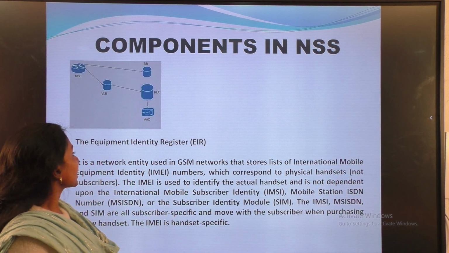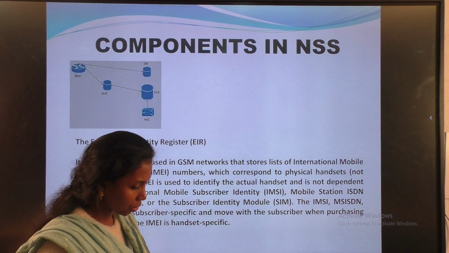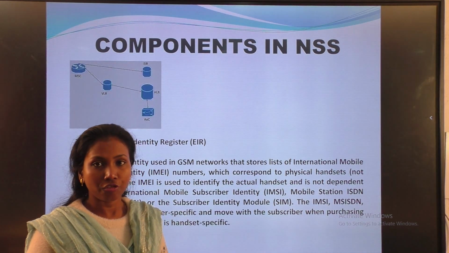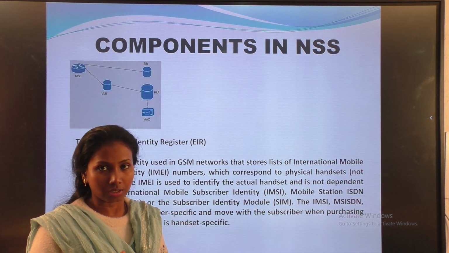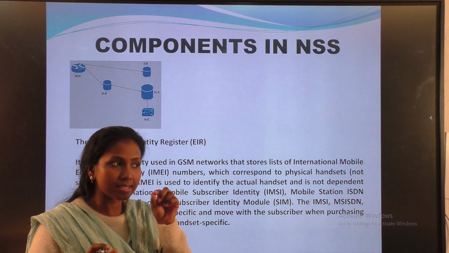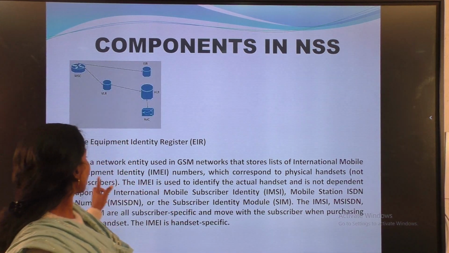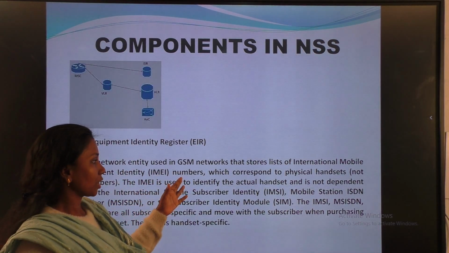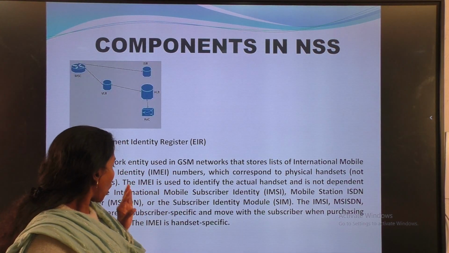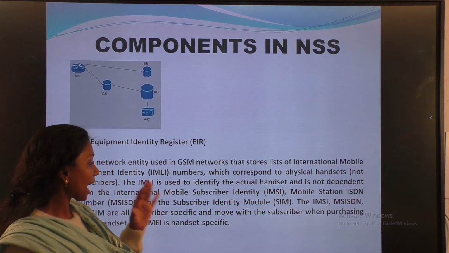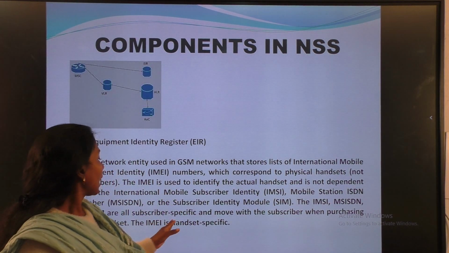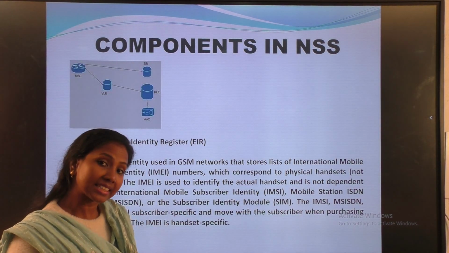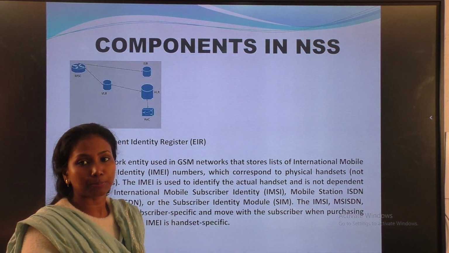Next, come to your equipment identity register. Whenever you buy a mobile phone, a box is given with it, and there is a number called the International Mobile Equipment Identity number, the IMEI. This is handset specific, not subscriber specific, meaning device specific.